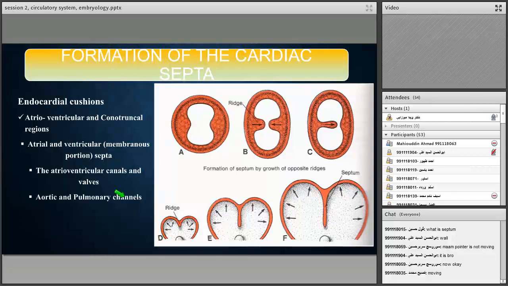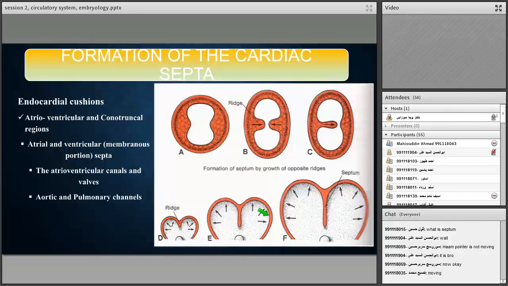The other form of the formation of the septums is that the two parts beside the septum are growing faster. Instead of the endocardial cushion growing in this ridge, the two parts of the lumen which are located beside the ridge are growing.